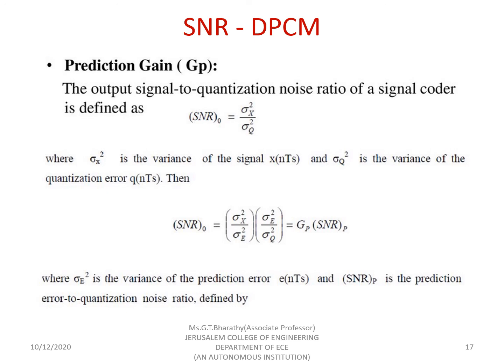By multiplying and dividing the above expression by a parameter, the variance of the prediction error, sigma squared E, we can write that the output signal to noise ratio is equal to GP, the prediction gain, times the signal to noise ratio of PCM. The signal to noise ratio of PCM, we already know, is sigma squared E by sigma squared Q, the variance of the prediction error to the variance of the quantization noise. The prediction gain GP is equal to sigma squared X divided by sigma squared E.